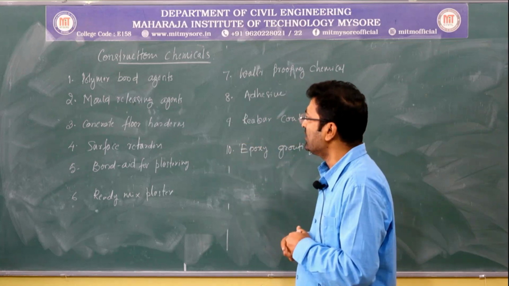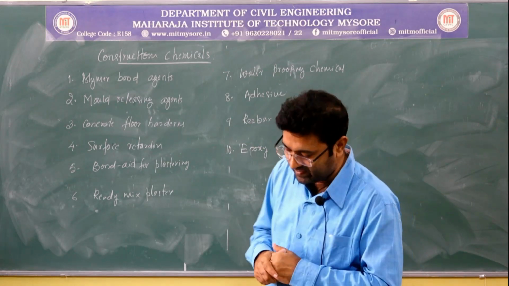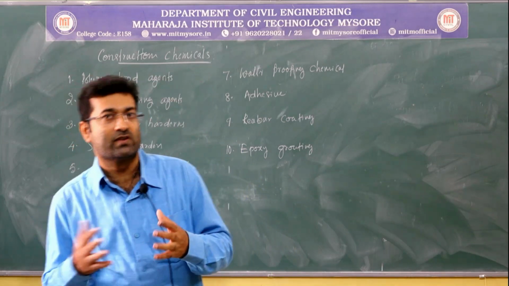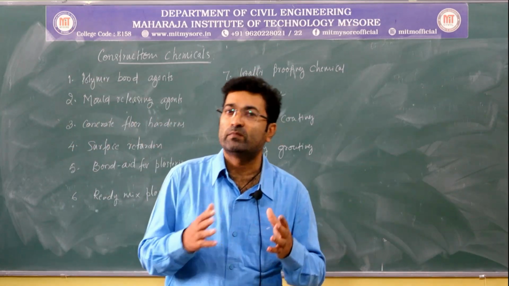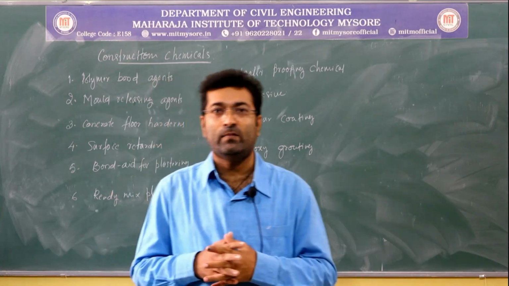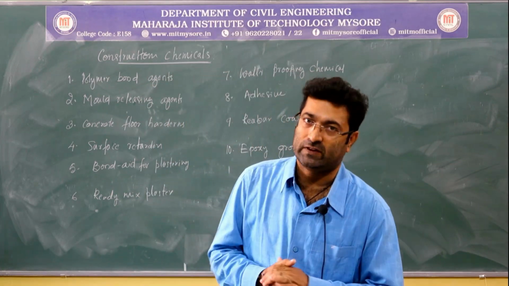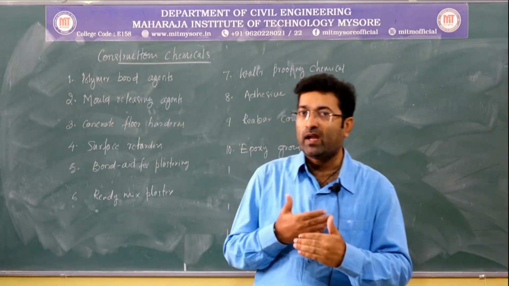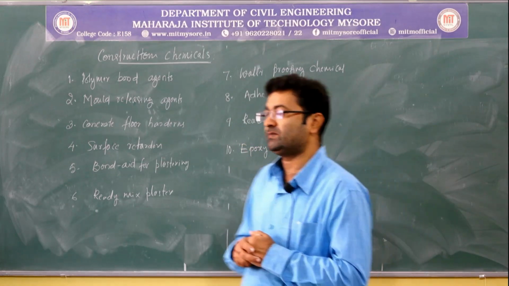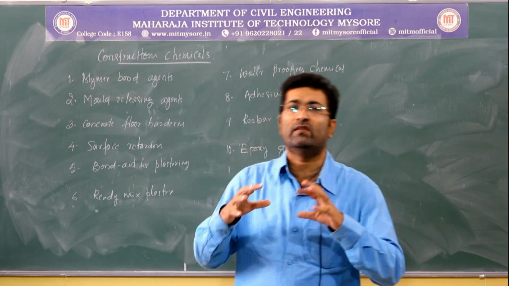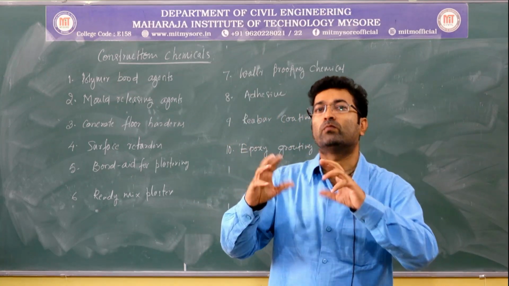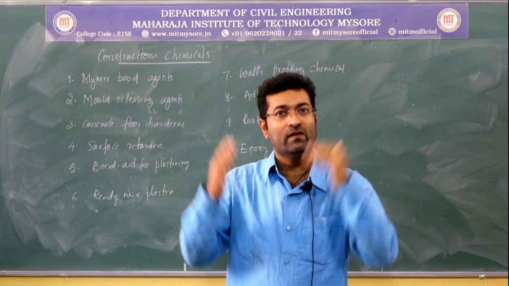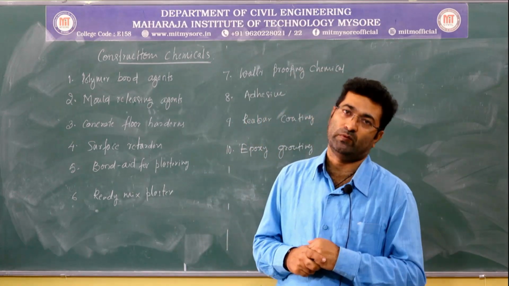The second one is the mold releasing agent. Whenever we are constructing structural members like footings, beams, columns, and slabs, we need to go for the framework. If you don't apply any coatings to this framework, it will get attached or bonded with the concrete, which means after casting the concrete we cannot remove it.